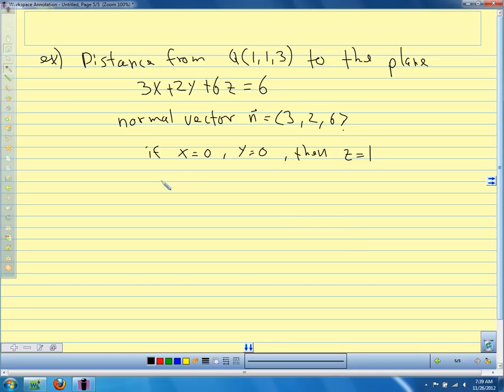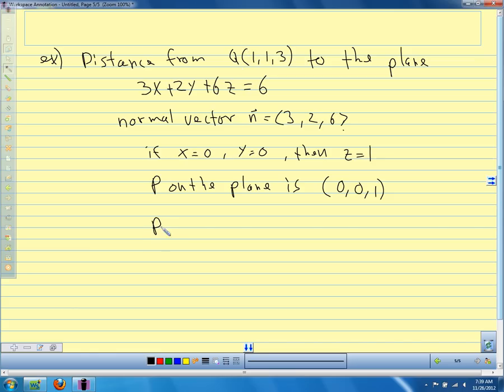So our point on our plane is the point 0, 0, 1. And that's a nice easy one to work with.